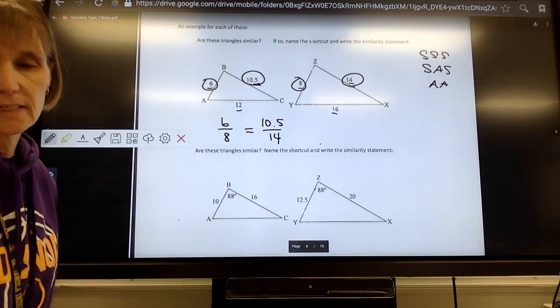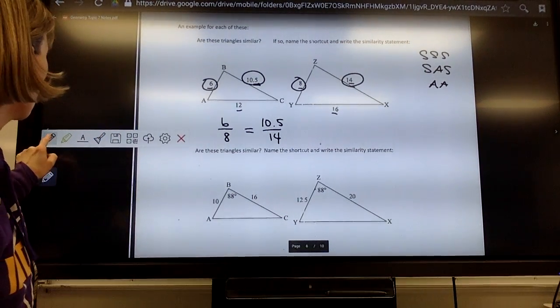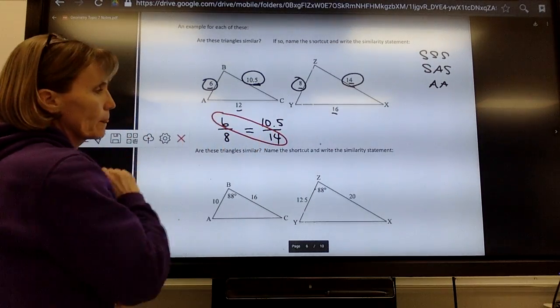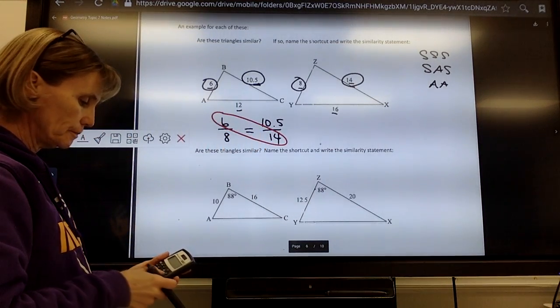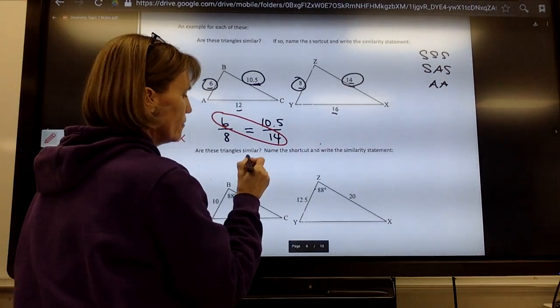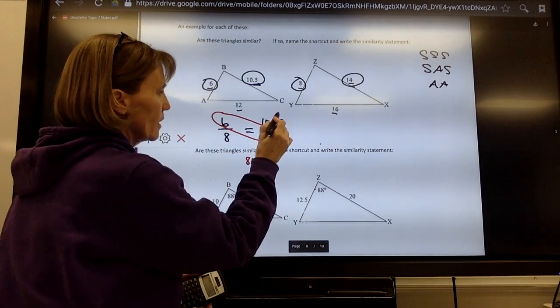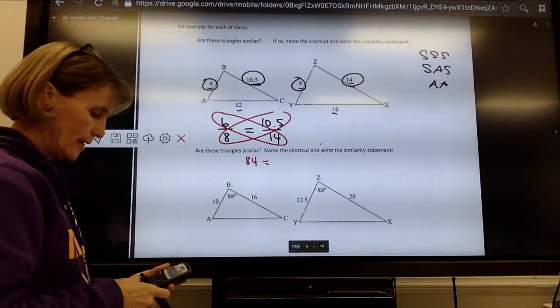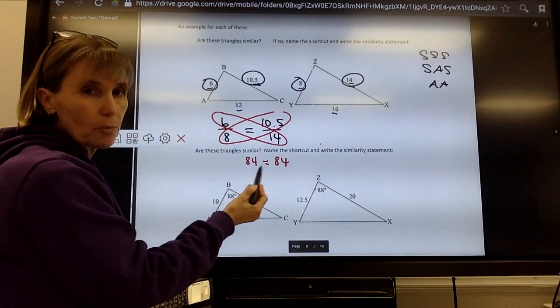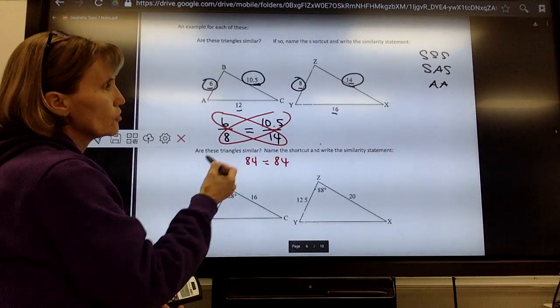And how do I test to see if that's proportional? Well, I test the cross products. I'm going to take this product, 6 times 14, that's equal to 84. And I'm going to set that equal to this product, 8 times 10.5. That's also 84. So you can see, because the products are the same, they are proportional to each other.